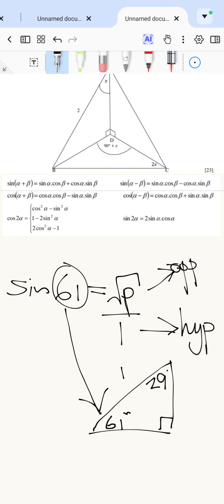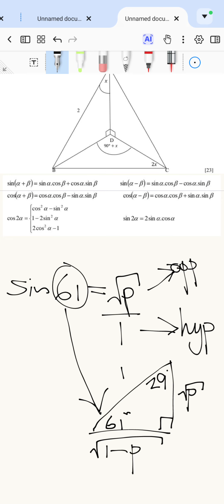The 61 is here, so opposite that is the square root of P. And then my adjacent would be the square root of 1 squared minus the square root of P squared, so just the square root of 1 minus P.